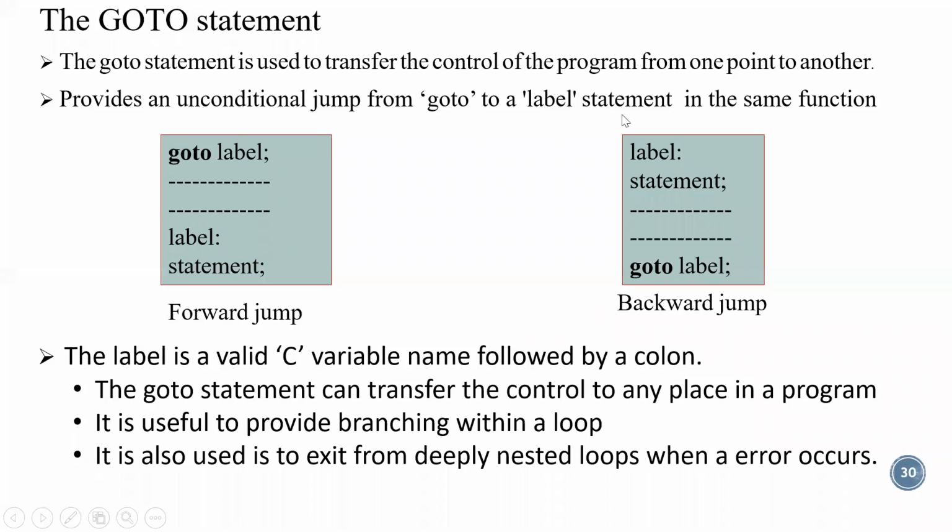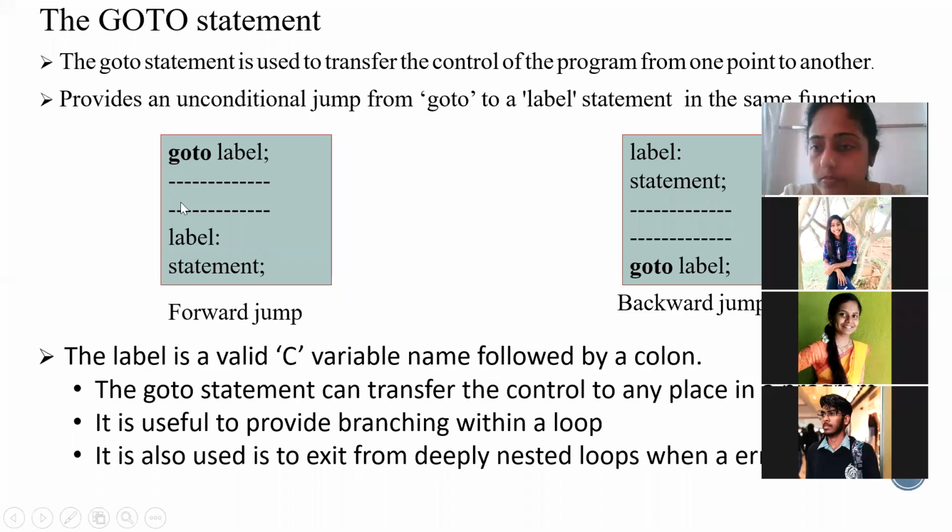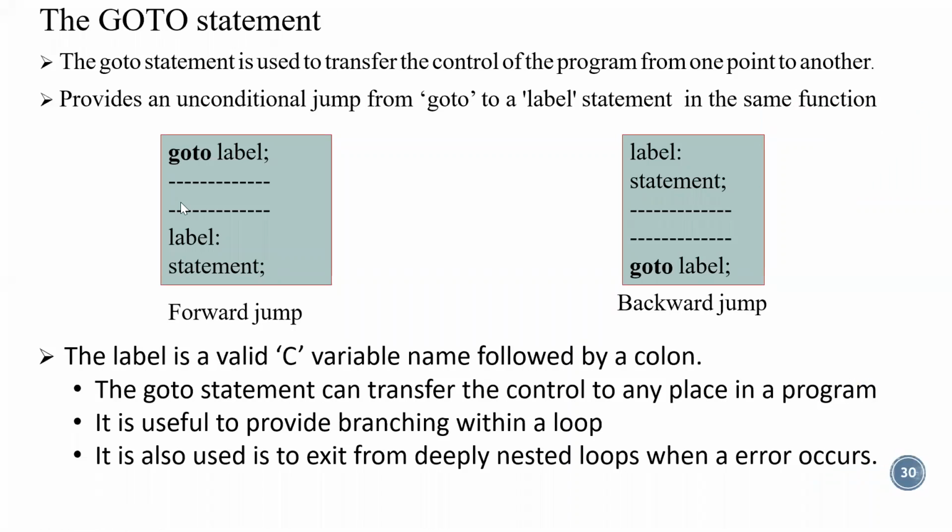So the go to statement is also used in order to change the sequential execution of the program. In this chapter, we were studying all those statements which can change the sequential execution of the program, right? Right from the beginning, if you are using the if statement, there are different types of if statements: simple if else, then if else if, that is else if ladder, and then nested if.